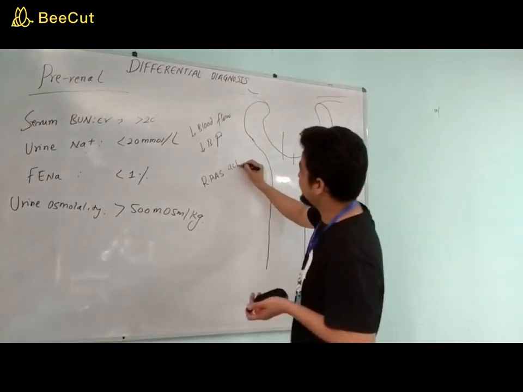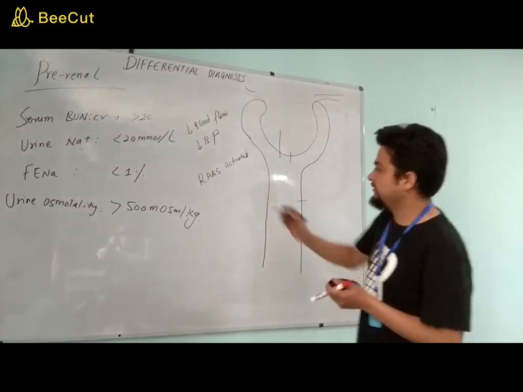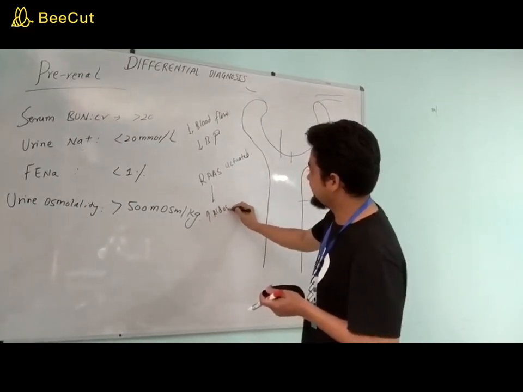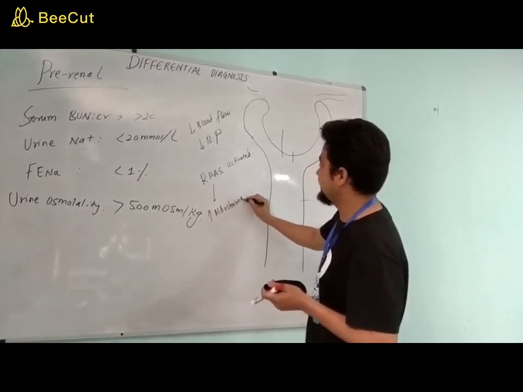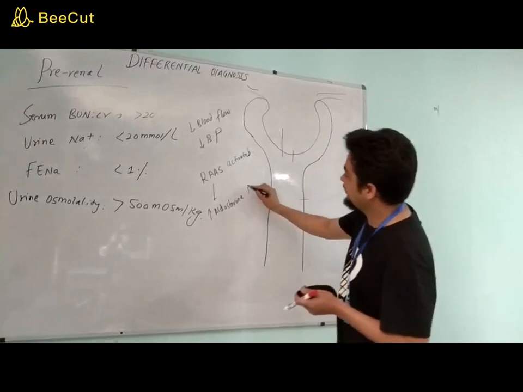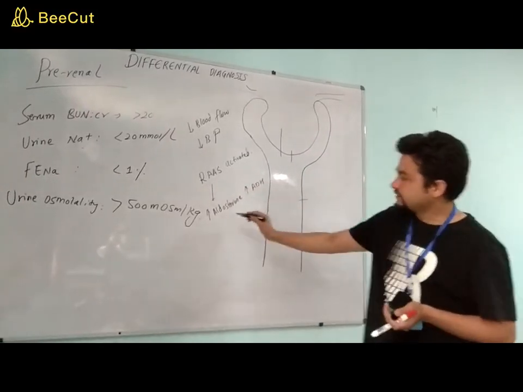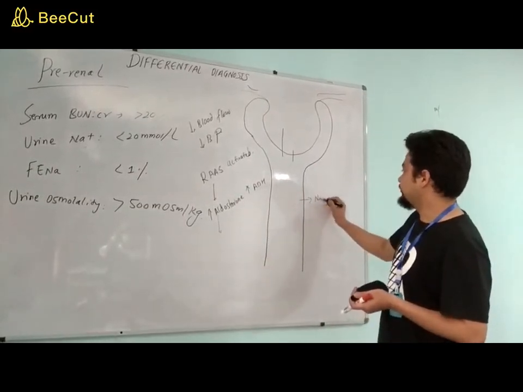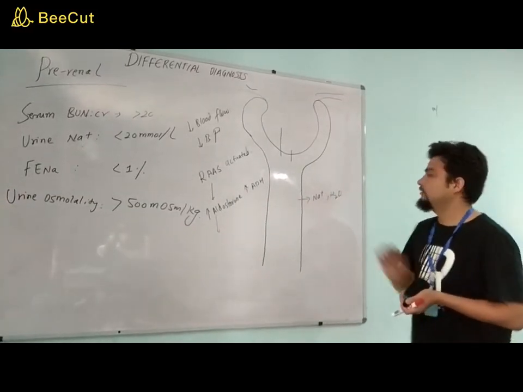When this system gets activated, it causes an increase in aldosterone and also ADH, antidiuretic hormone. When aldosterone increases, it will reabsorb the sodium from the tubule along with water.